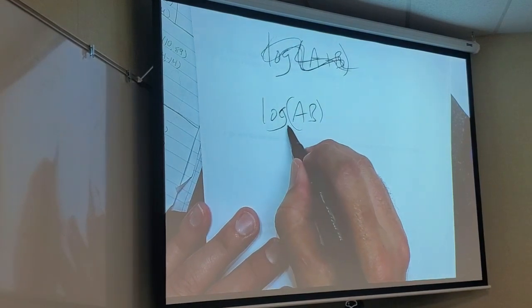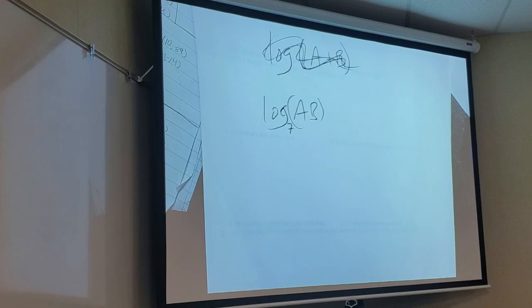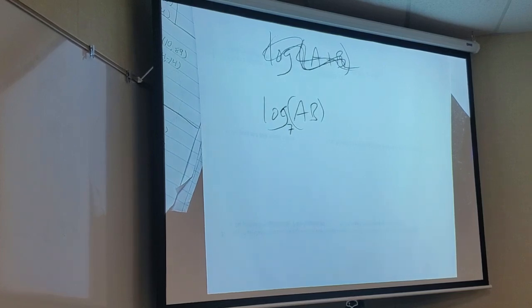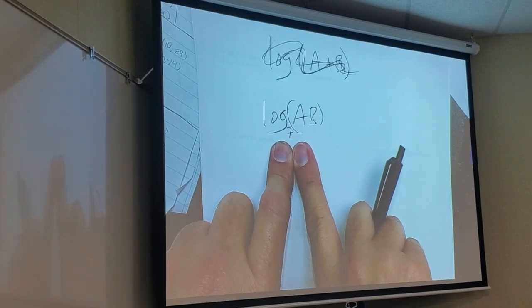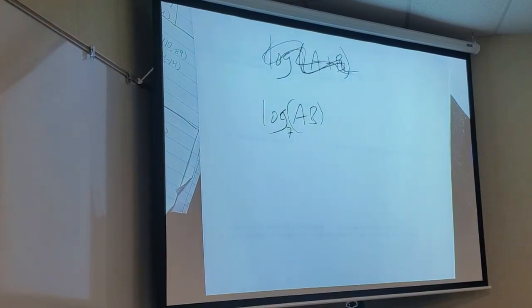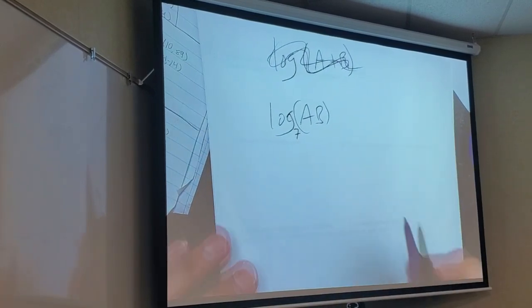And let me put a number in. Let's just put 7. Both a and b have a base of 7. Do you guys agree with me? Okay, I'm going to try to do this. This is the last thing we'll do today.